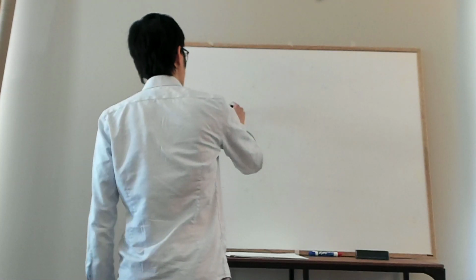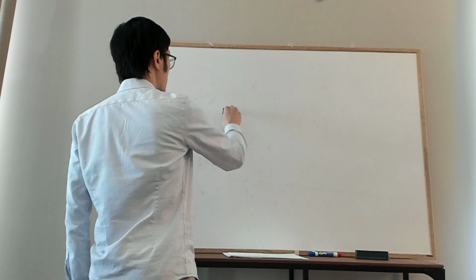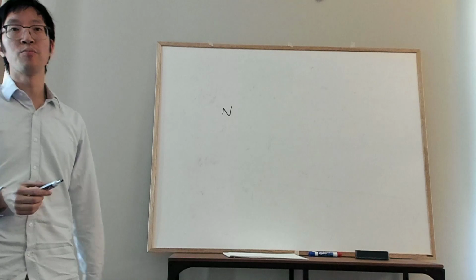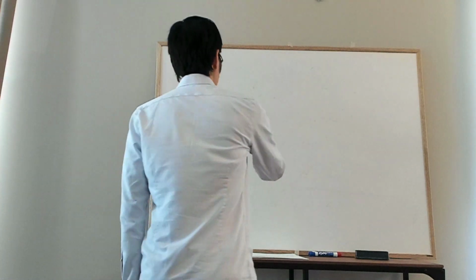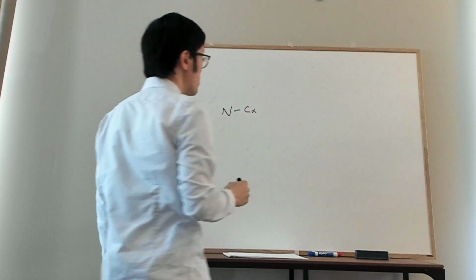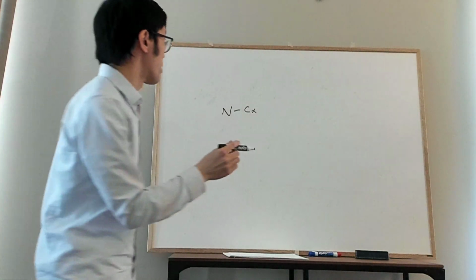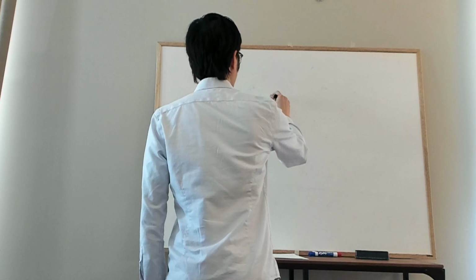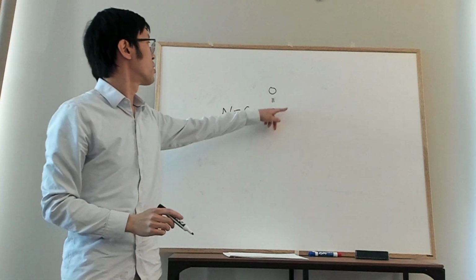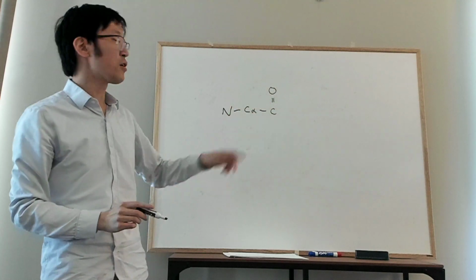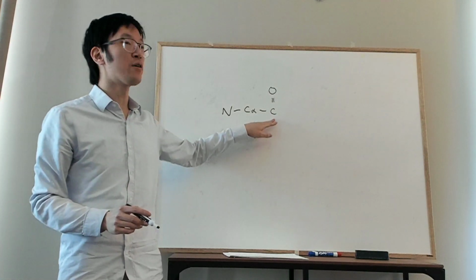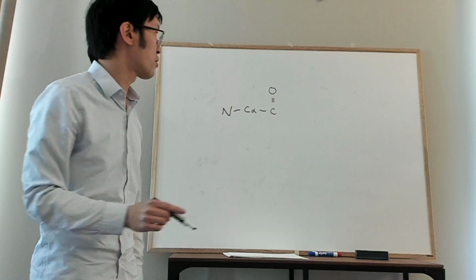Here are the atoms making up the backbone, which gives the protein its structure. It is a repeating sequence of atoms. One amino acid has four key backbone atoms: a nitrogen, carbon alpha, carbon, and oxygen.